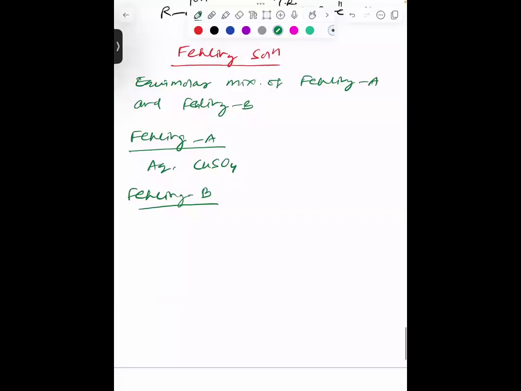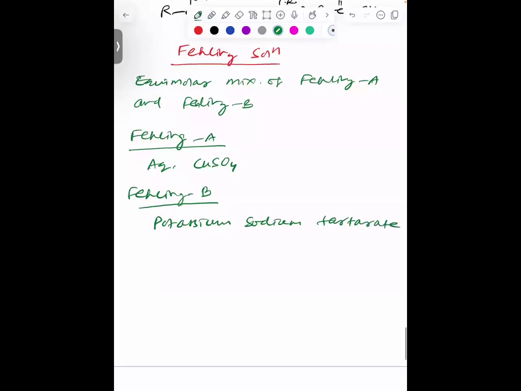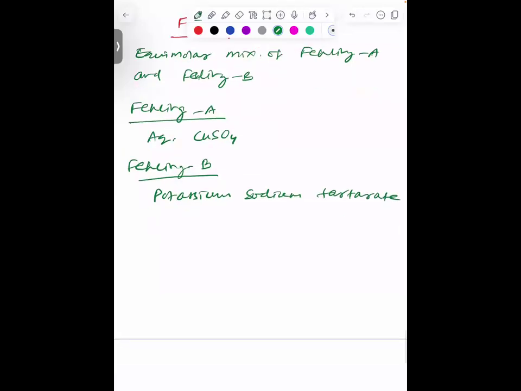Fehling B is a colorless solution of potassium sodium tartrate, which is an alkaline solution. First it was an aqueous solution of copper sulfate.